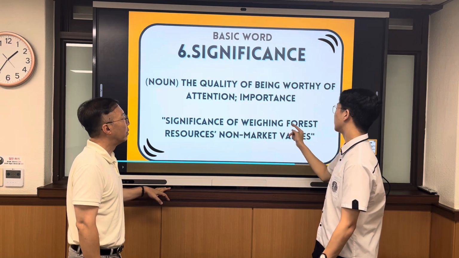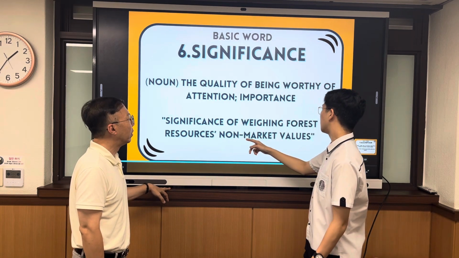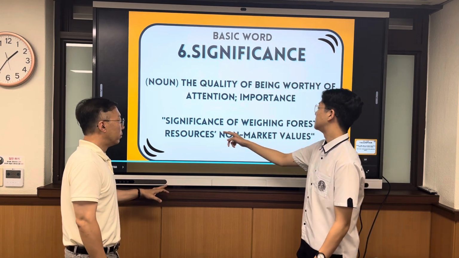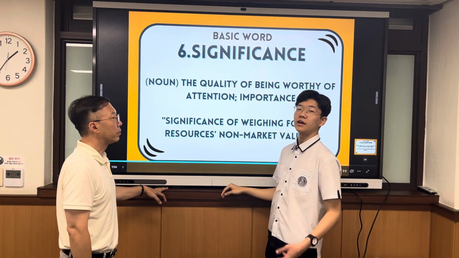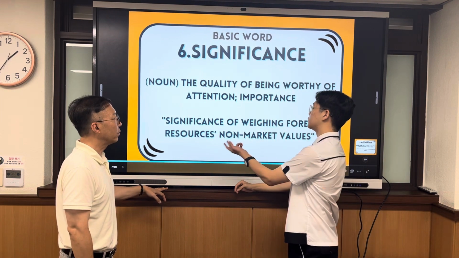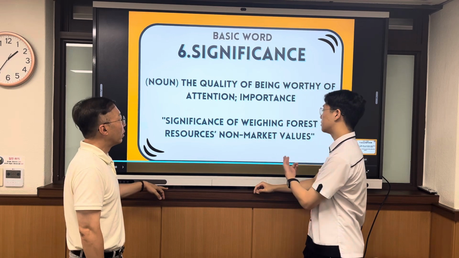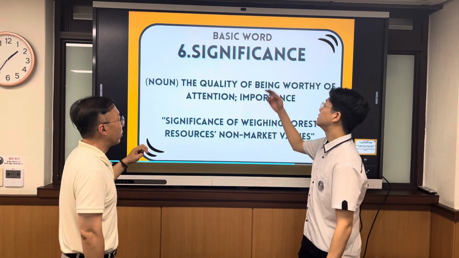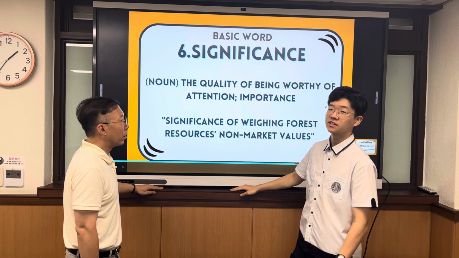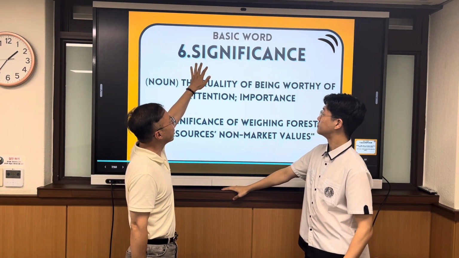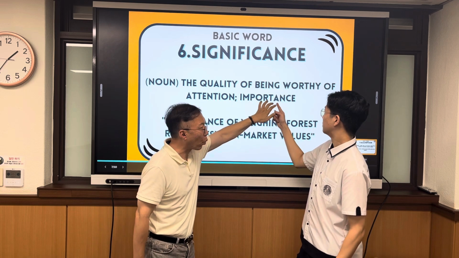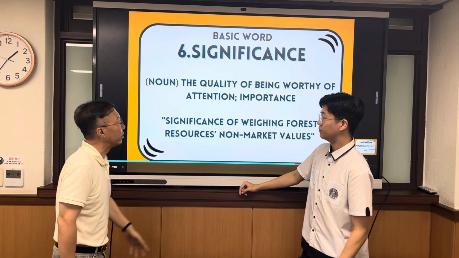Significance of waiting forest resources, non-market values. So that's how important the forest resources are, yes, for the non-market values. So to say something is important, you say significance. Right. So we can say that significance has almost the same meaning as importance. Yes. Something very important. Okay.